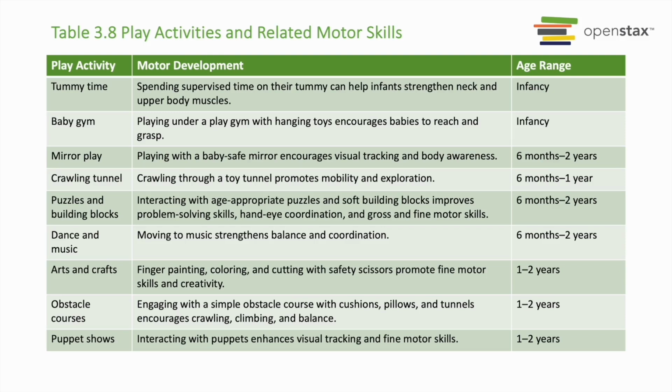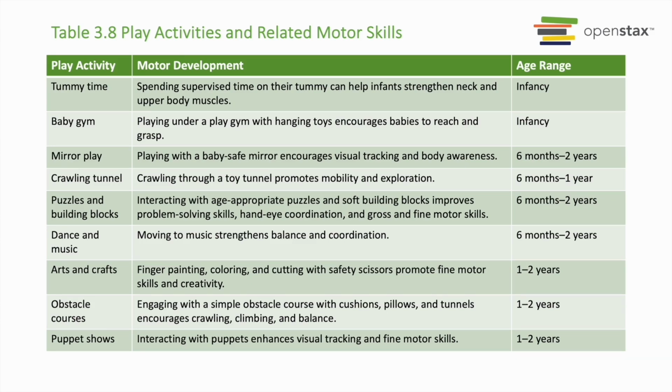Puzzles and building blocks. Interacting with age-appropriate puzzles and soft building blocks improves problem-solving skills, hand-eye coordination, and gross and fine motor skills from 6 months to 2 years. Dance and music. Moving to music strengthens balance and coordination, 6 months to 2 years. Arts and crafts.